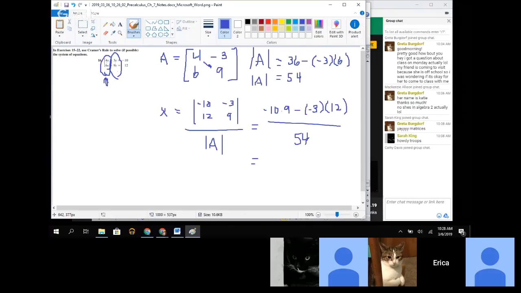So -10 times 9 is -90 plus 36 over 54. -90 plus 36 happens to be -54 over 54. And so we get that this equals 1. So this tells me that my variable x equals 1.